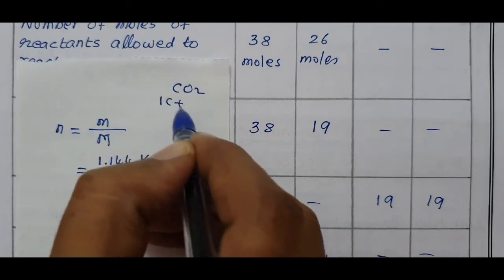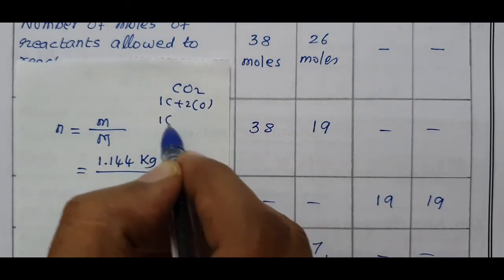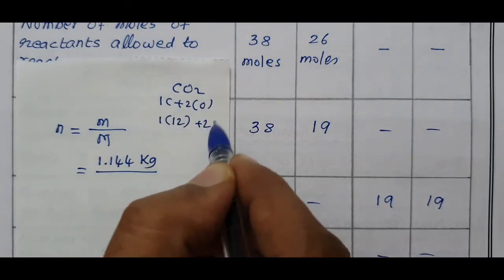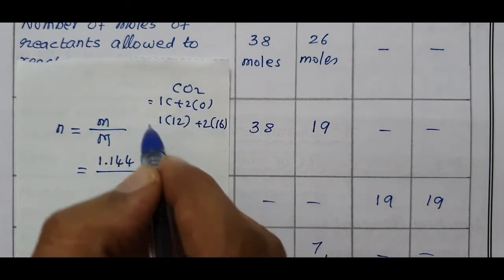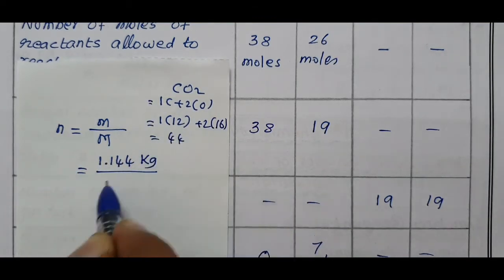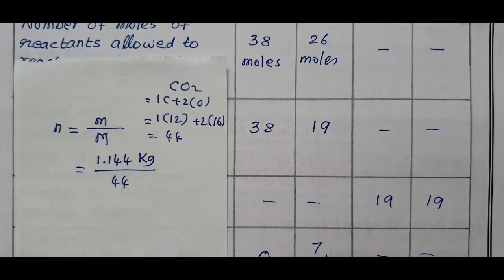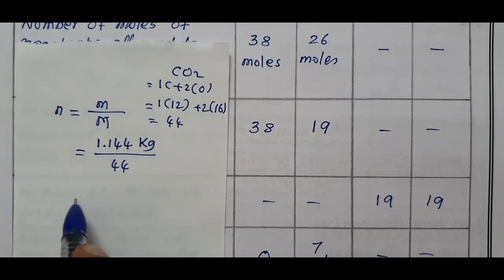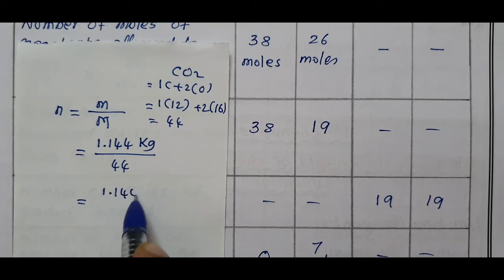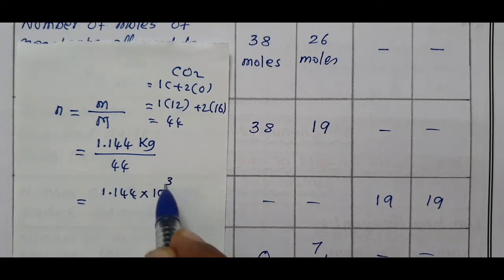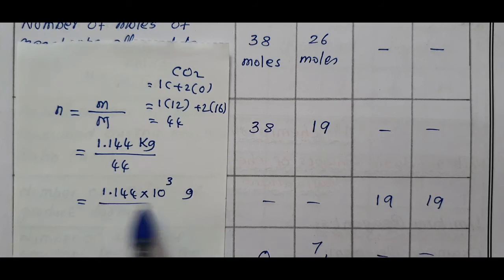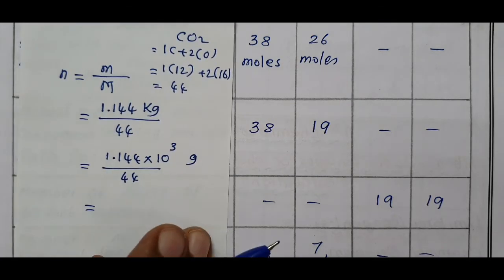It contains 1 carbon and 2 oxygen, 1 into carbon atomic mass 12, 2 into oxygen 16, that is equal to 44. So, first convert the kilogram into gram: 1.144 into 1 kilogram equals 10 power 3 gram, divided by 44.